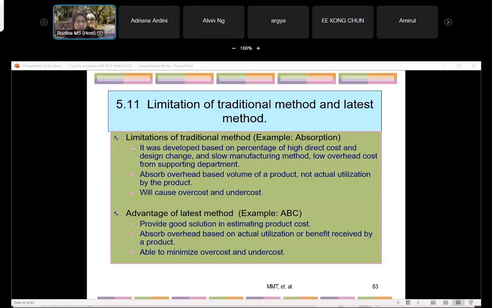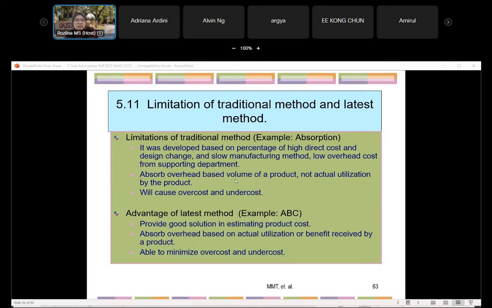The first one is quite blur lah. I also do not know how to explain this one. Okay, but the second one it's clear. Absorb overhead based on volume of a product and not actual utilization, because this is the weakness, right?